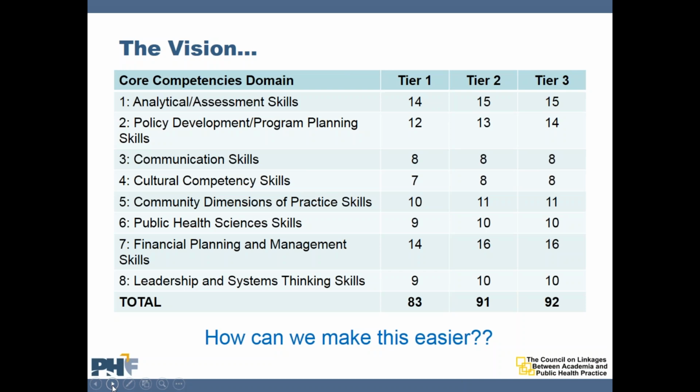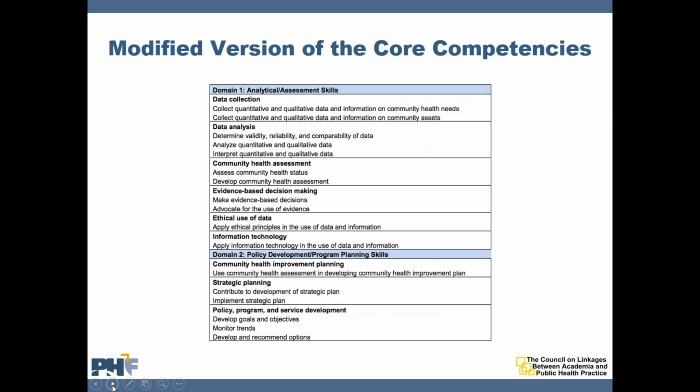So as we started really focusing on this and working on this project, one of the first things that we grappled with was the challenge of, if we're going to try to help identify specific competencies for specific types of jobs, how do we really think about 80 or 90 competencies at once? And the way that we began in doing this was by modifying the core competencies to group similar concepts together. While it's important for competency statements to be very distinct, that may not always necessarily be how we think about skill development.